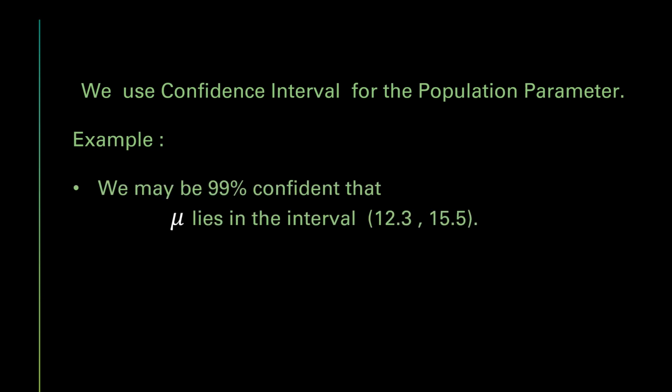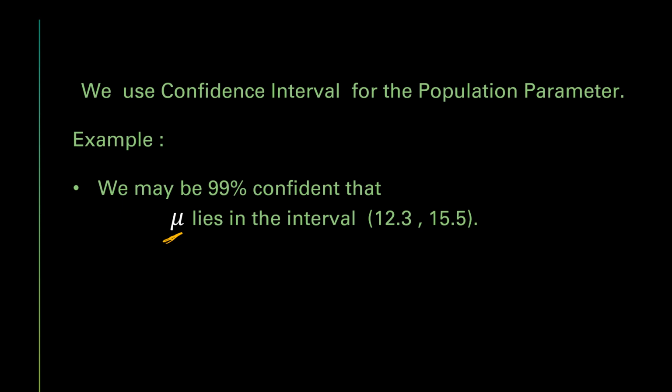We use confidence interval for the population parameter. For example, we may be 99% confident that mu lies in the interval 12.3 to 15.5. So here we are trying to find an interval estimation for the population parameter mu. So mu is the population parameter.